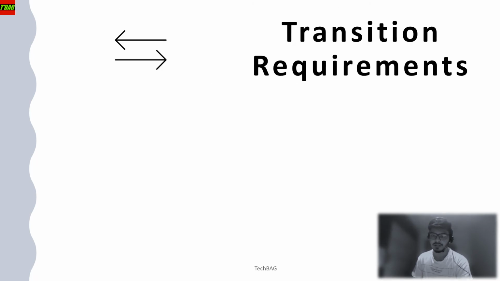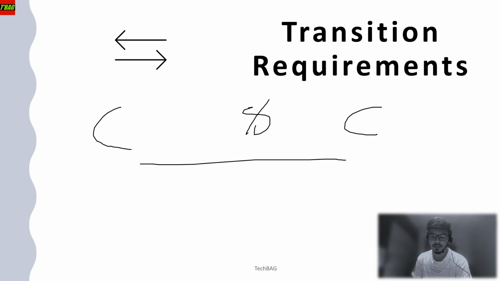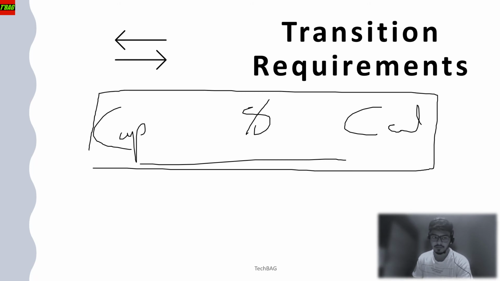Now coming to the transition requirement. So transition requirement describes the capability and condition that a solution must meet. So when a capability and condition are described, basically these are described from the solution requirement.